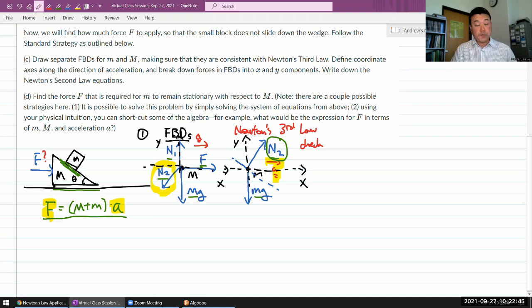Okay, so with those axes chosen, you now need to do step number 3, decompose your forces into x and y components. And you see that I need to decompose this N2 into x and y components, and I think that's the only force.